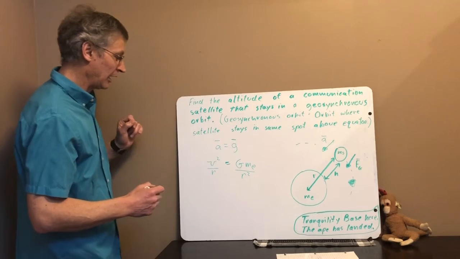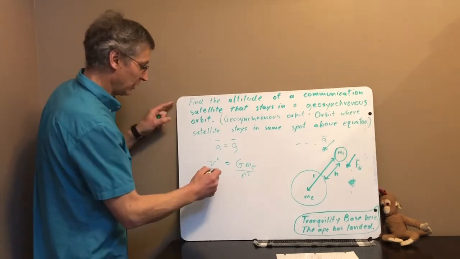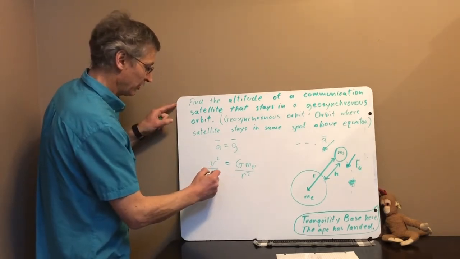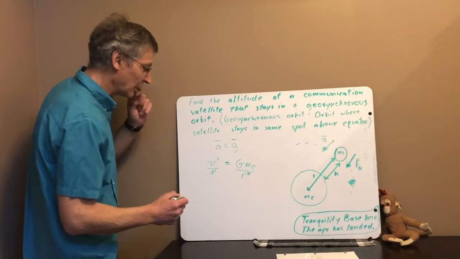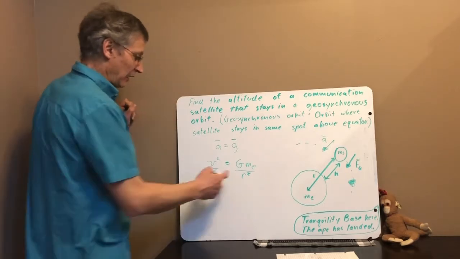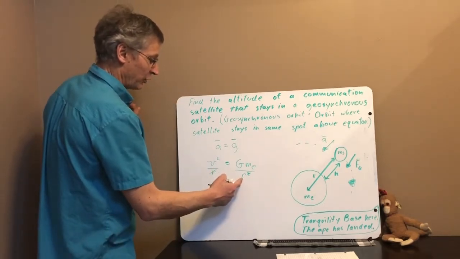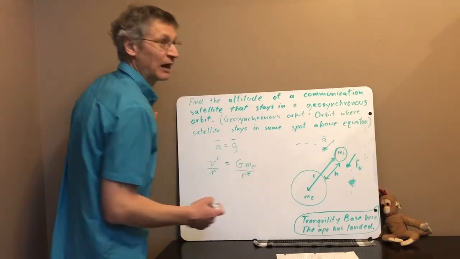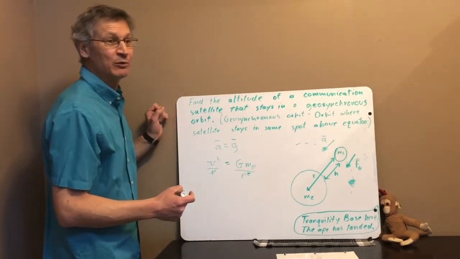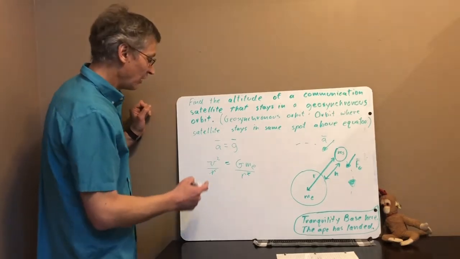Okay. And what can we do here? Well, we've got an r here that'll cancel one of these r's over here. Okay, great. I want to solve for R. Perfect. Big G, I know what that is. Mass of the Earth, I can look that up off the table that came with the Kepler's laws handout.